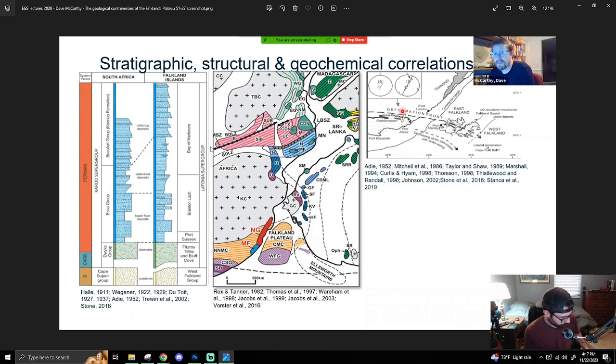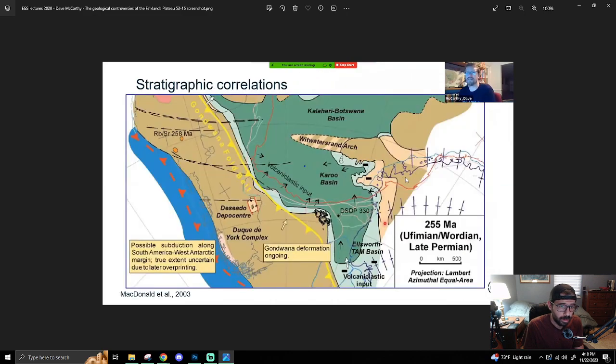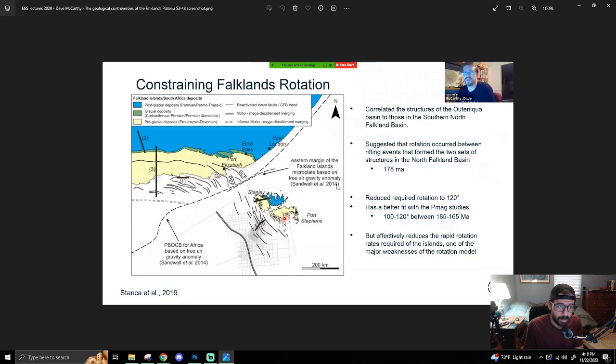Strong evidence for stratigraphic structural correlation with South Africa and Antarctica lithologies, stronger than with South America. Which I believe maybe talks about in this slide, these slides. There's like this.